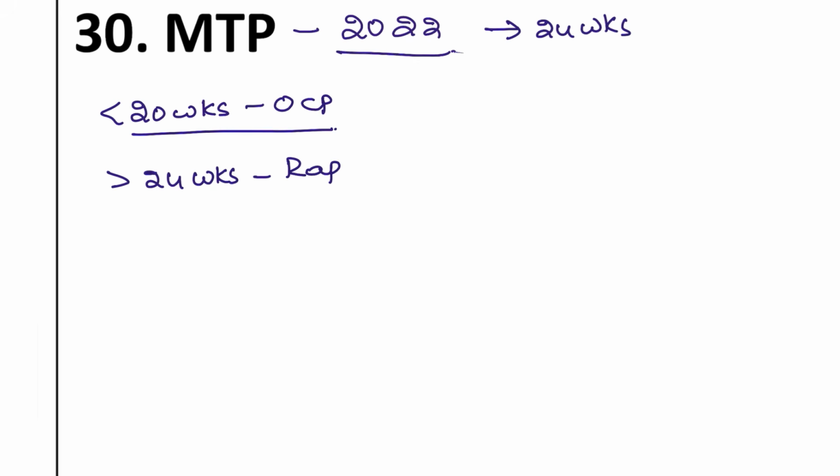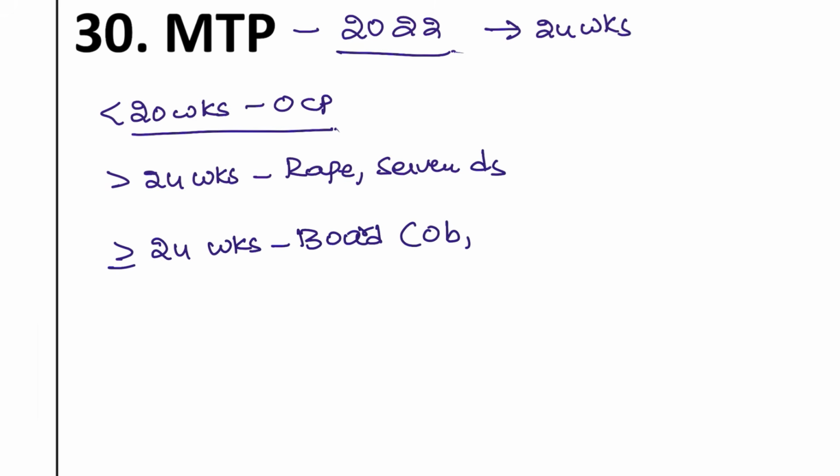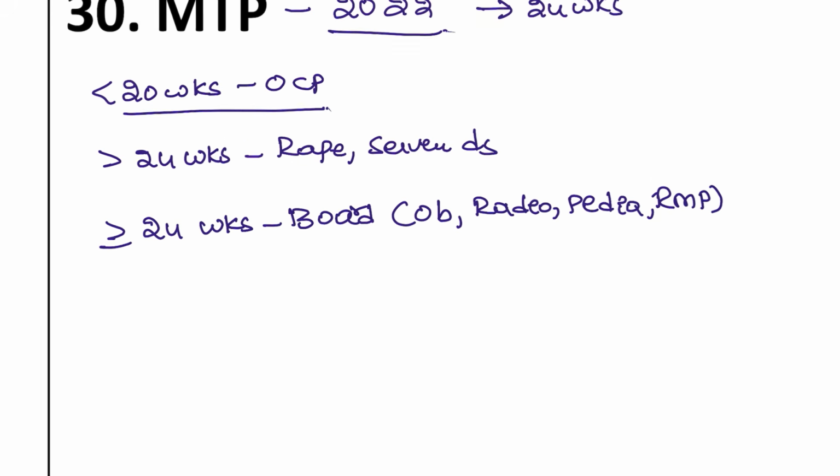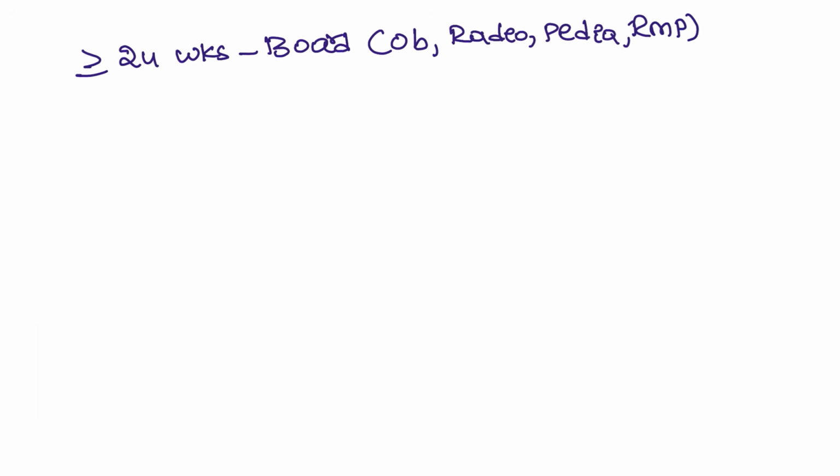Rape victims or those having severe diseases can go for the 24 weeks. But for more than 24 weeks, they need board clearance, and this board consists of the OB-GYN specialist and also one radiologist and a pediatrician. Okay, and an individual RMP from the separate government that you have to have. Okay, this is how we are going to use it.